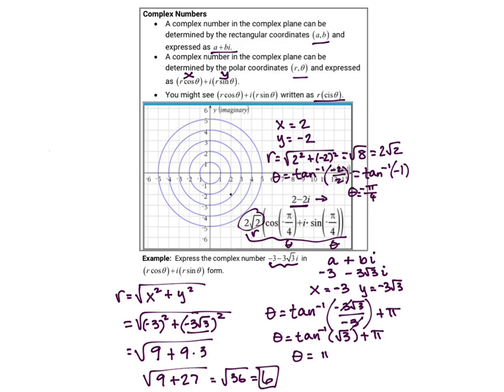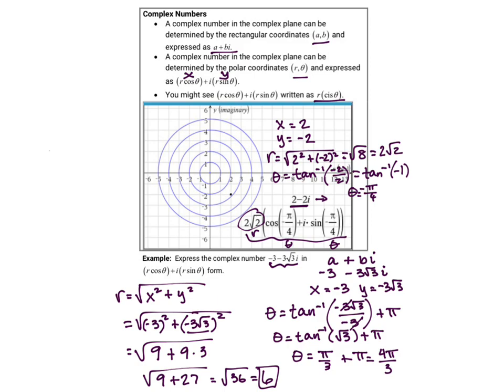So theta is pi over 3 plus pi, which is 3 pi over 3. So pi over 3 plus 3 pi over 3 is 4 pi over 3. So we've got r is 6, and theta is 4 pi over 3.